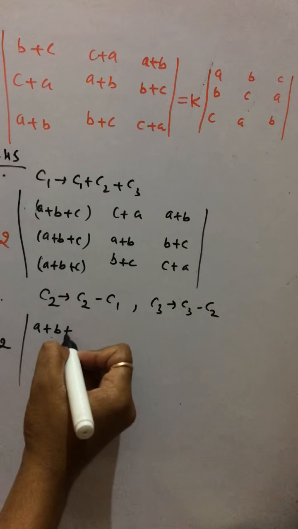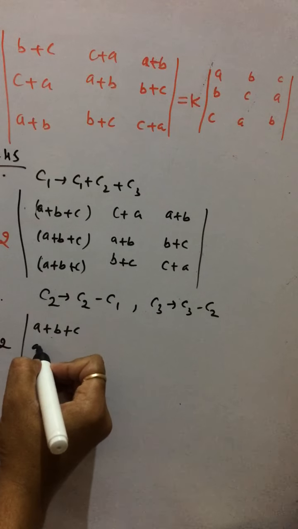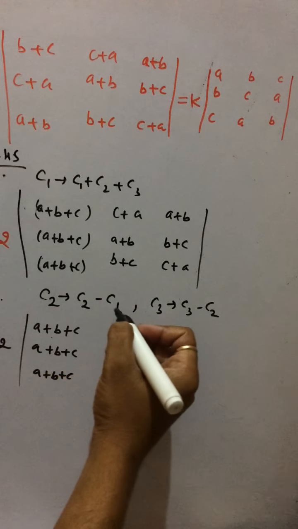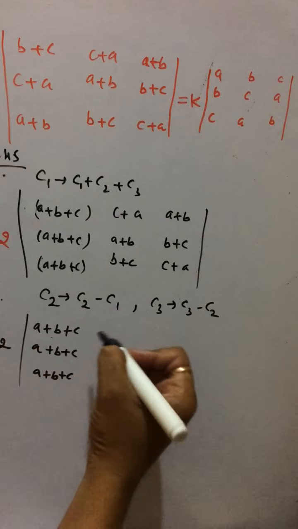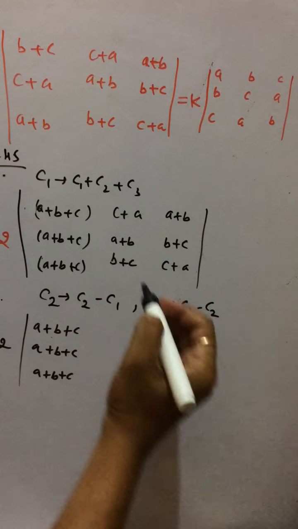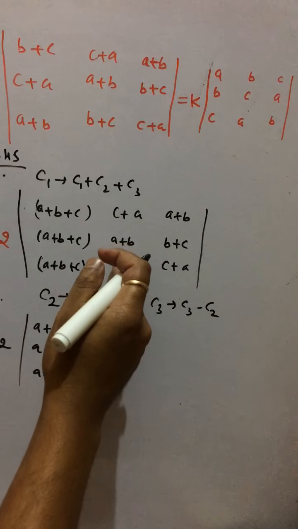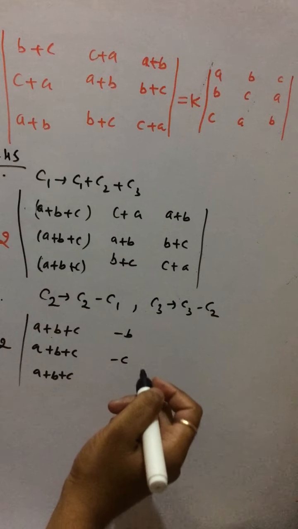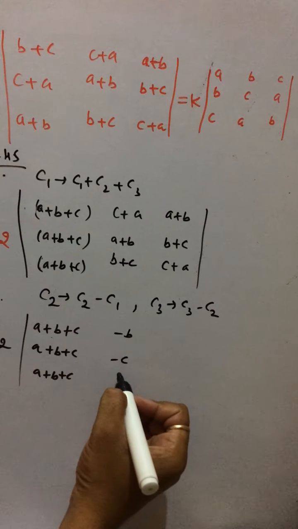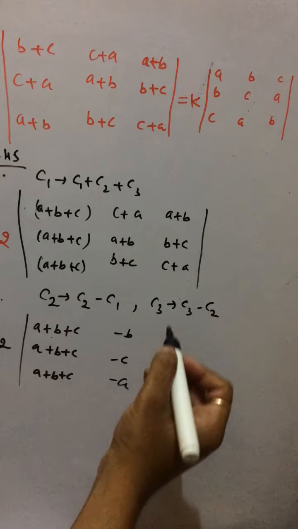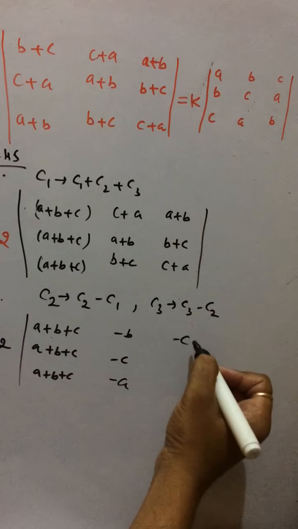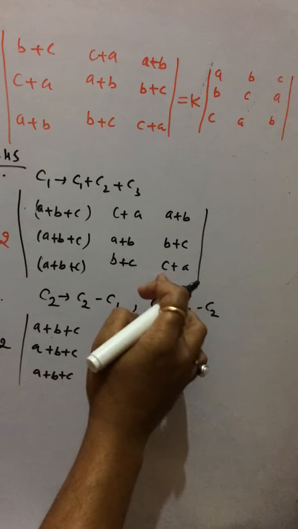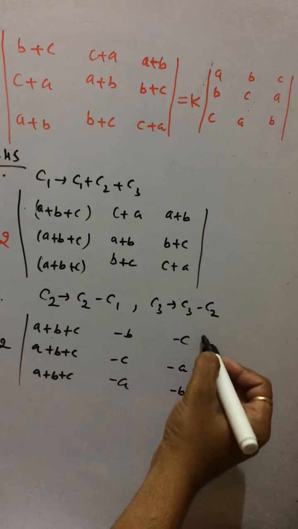The C1 would not change: A plus B plus C, A plus B plus C, A plus B plus C. And when you subtract, you'd get minus B, A plus B minus C, B plus C, then minus A, C plus A, then minus B after subtracting.